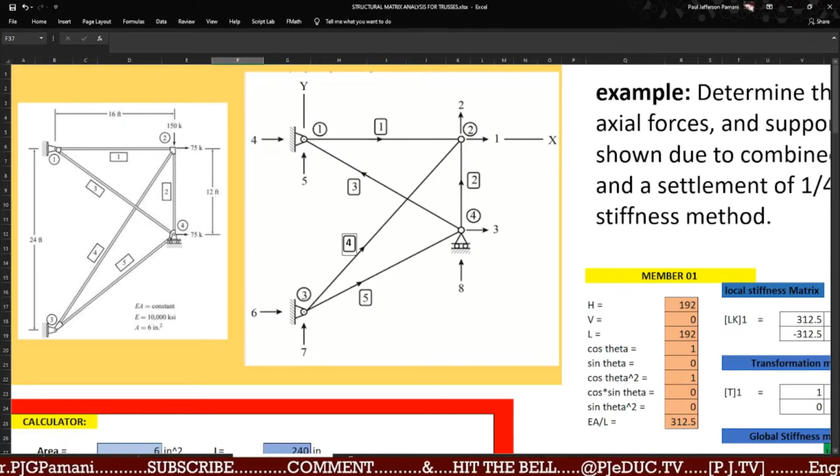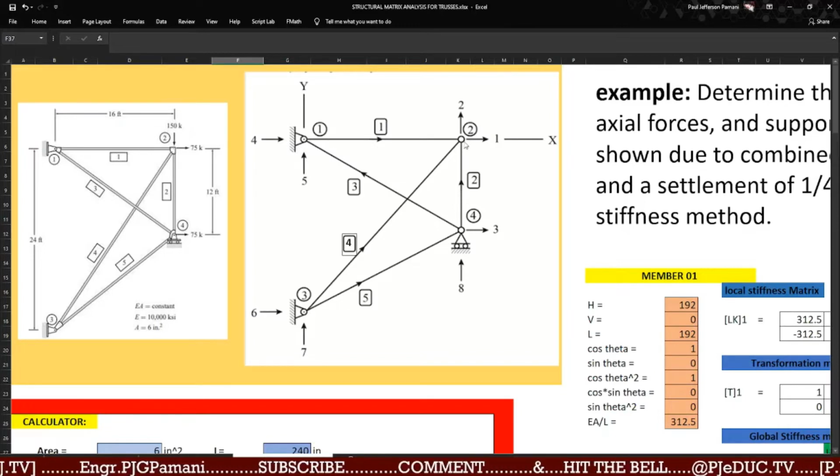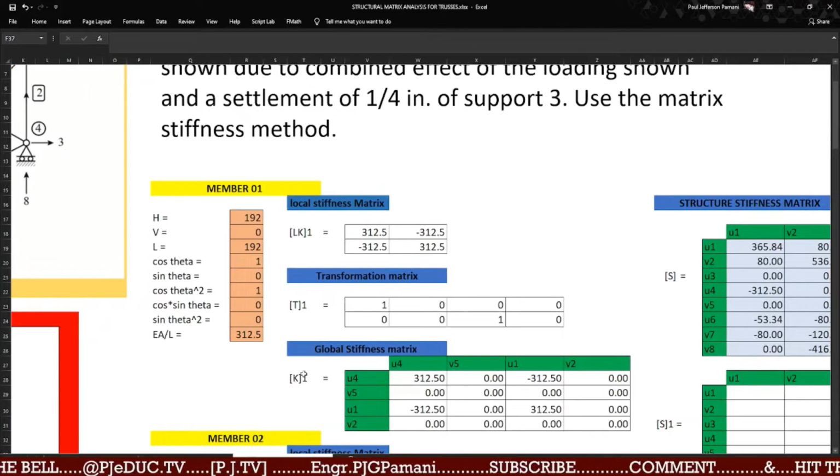So just like what we did on our first and second example problems of the same figure, same truss, same nodes, same number of elements, same locations and specifications on its near and far nodes, and the locations of your force axes 1 to 8, we will again compute the local stiffness matrix of each member.